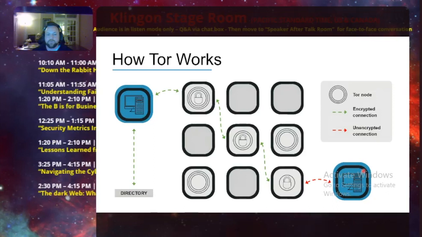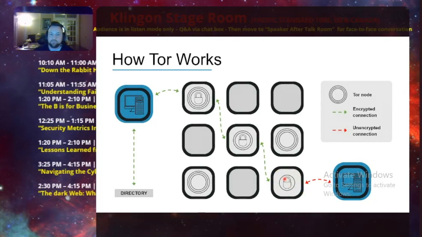So I put this as unencrypted because when you're leveraging Tor, you technically could use what's called an exit relay, or the last relay before it gets to the final destination, as a man-in-the-middle type attack to decrypt messages and see where things are going. So if I'm signing into my Gmail, for example, I don't really have control over who's running that exit relay.